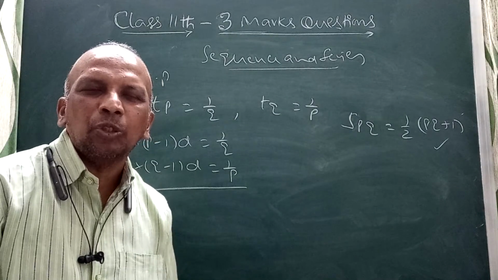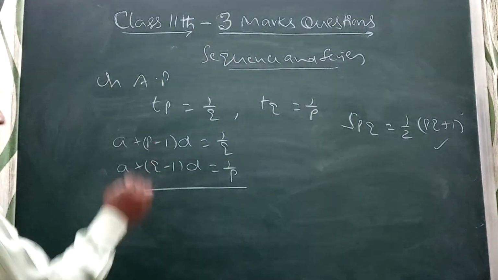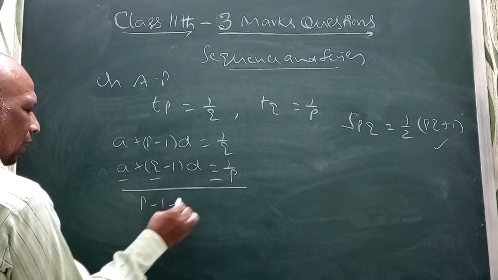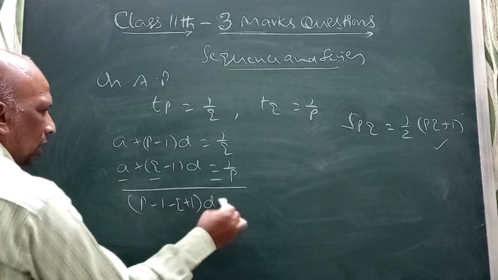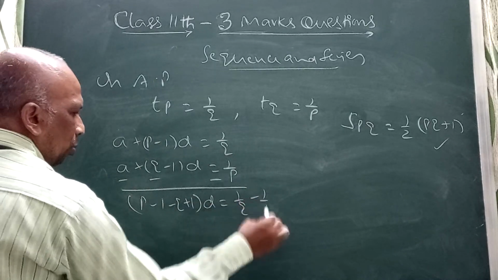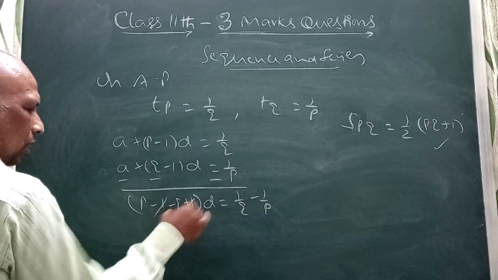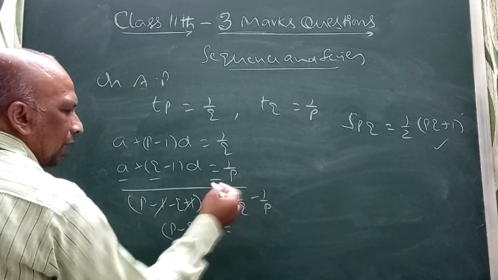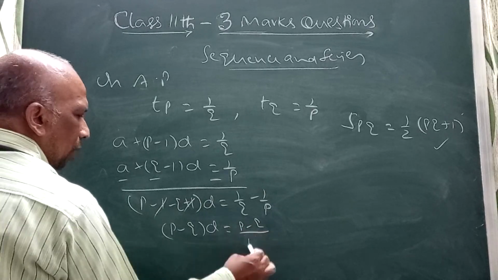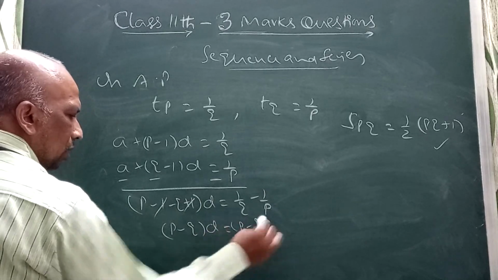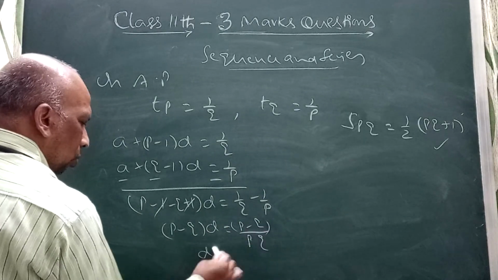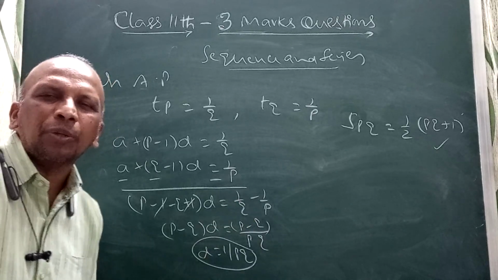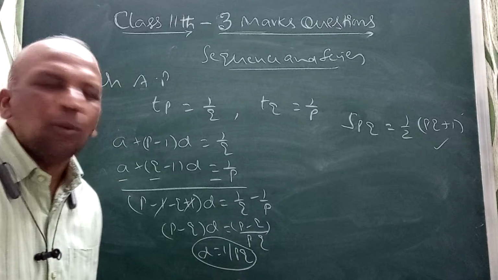If I subtract these, a minus a gets cancelled. p minus 1 minus q plus 1 into d equals 1 by q minus 1 by p, so p minus q into d equals p minus q by pq. From this I can eliminate, and d is equal to 1 by pq. Look at the d value, 1 by pq.